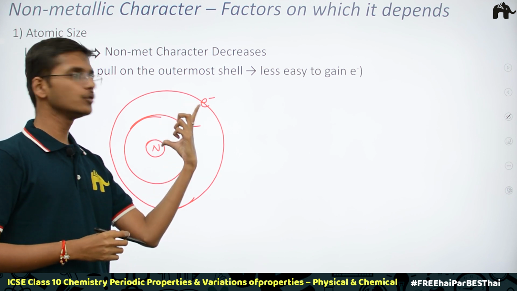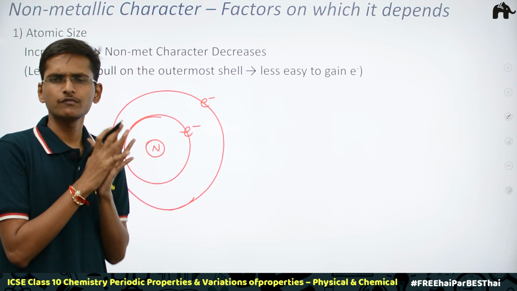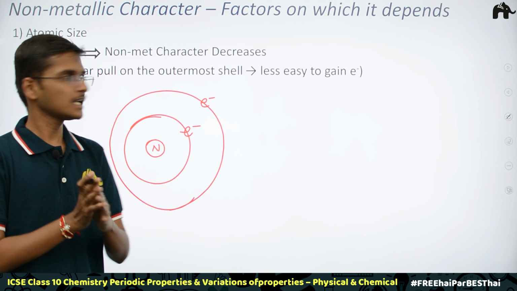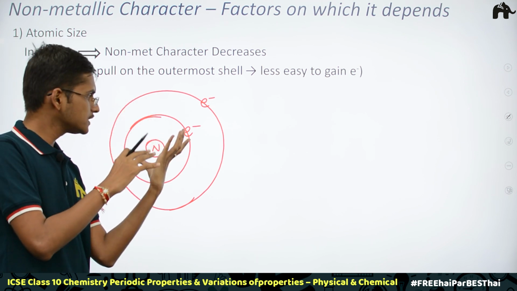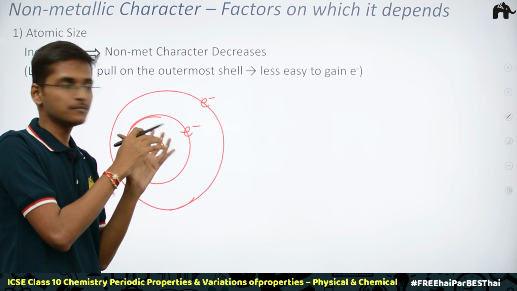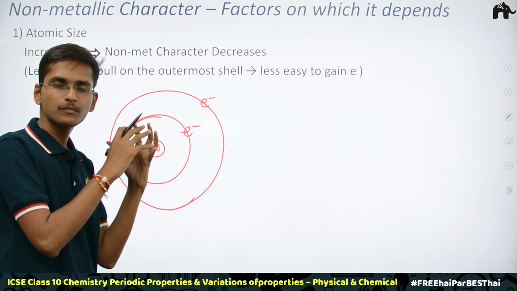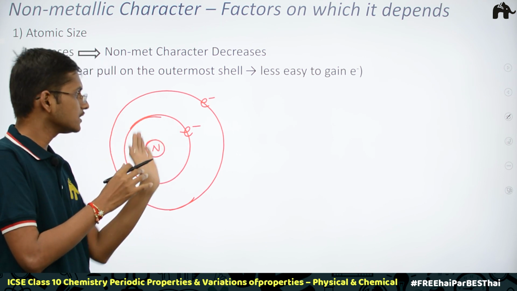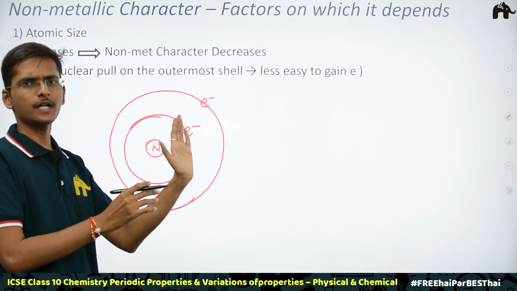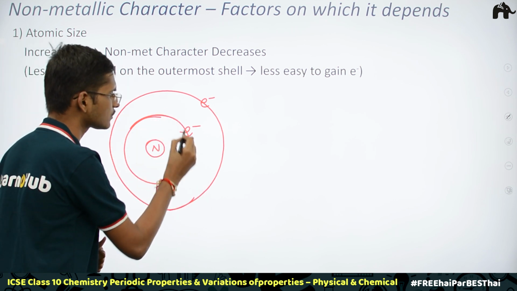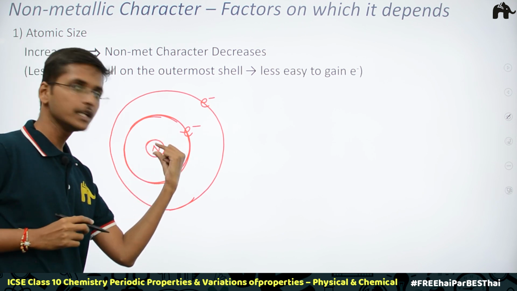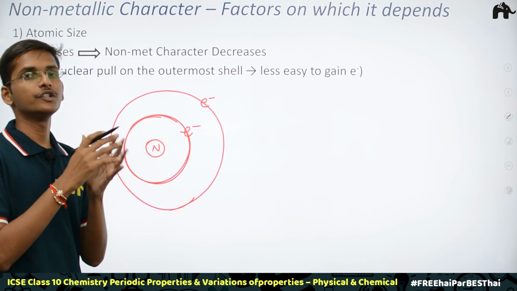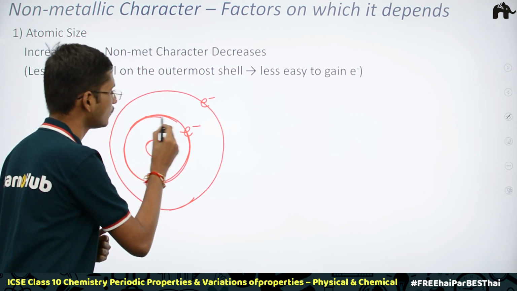The nucleus is also pulling this outermost electron with some attractive force. But here we are going to consider the nuclear attraction, or nuclear influence, on the outermost shell.